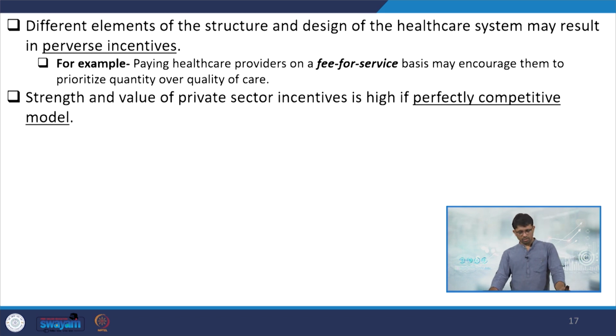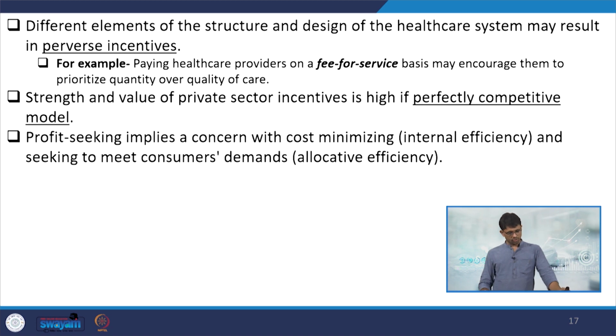And the strength and value of private sector incentive is high if a perfectly competitive model is followed, so that it is actually a market based incentive, which we have already called a high powered incentive structure. Profit seeking implies a concern with cost minimizing, which is called internal efficiency, and seeking to meet consumers' demand, where allocative efficiency is discussed.